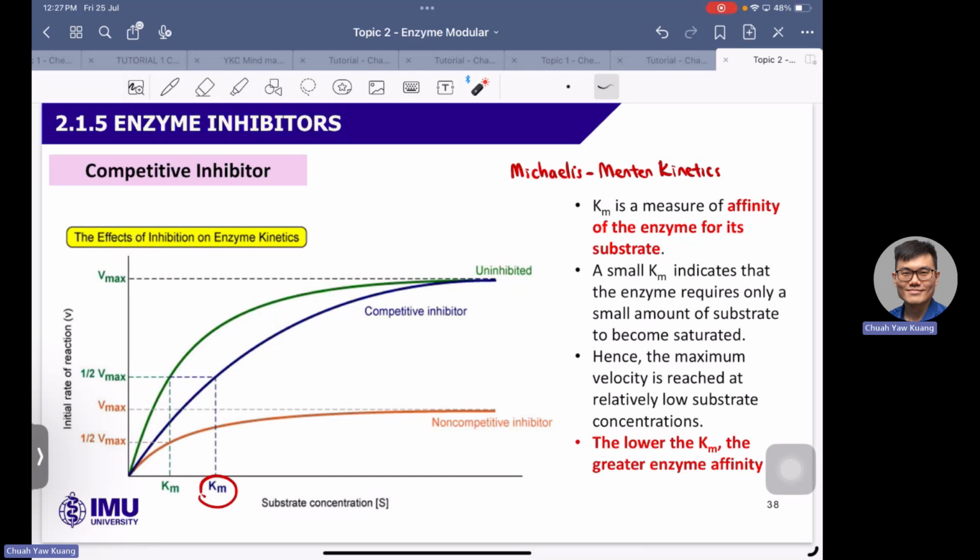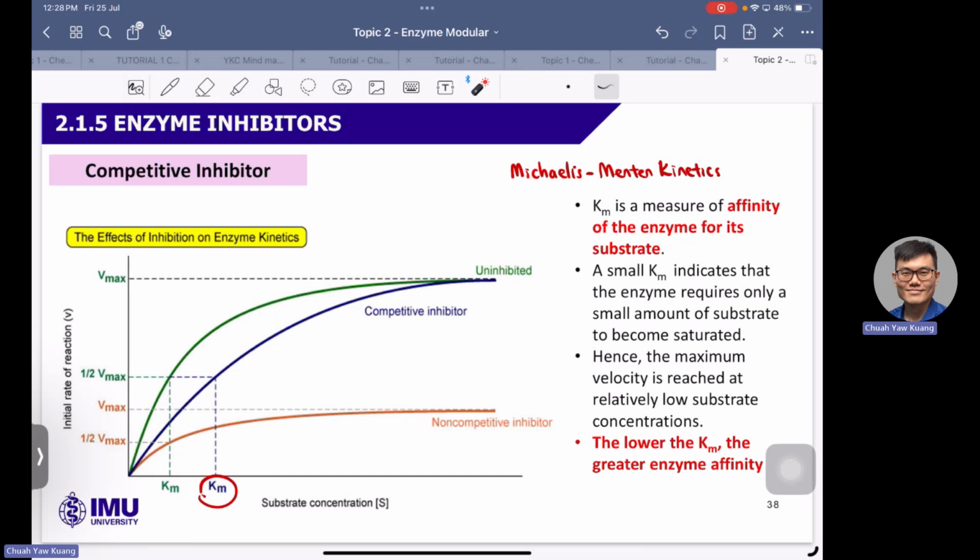Okay. So now, when you have low Km, the enzyme having low Km means what? It means they only need a lower substrate concentration to achieve that velocity, that rate of reaction. How come you need a lower concentration of the substrate to achieve the same rate of reaction?